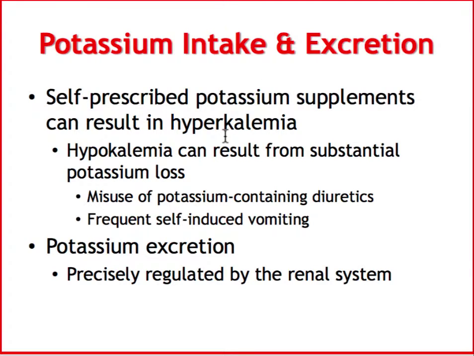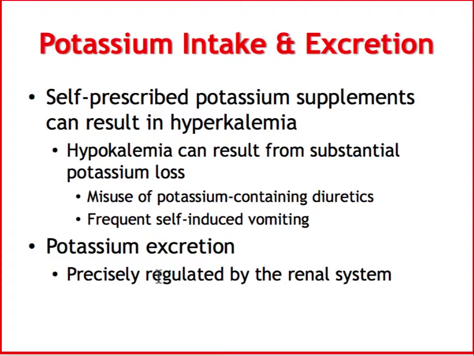Also, someone who vomits quite frequently can develop hypokalemia. Sometimes people with bulimia will eat and then cause themselves to vomit up what they just ate. They can develop hypokalemia, which is low blood potassium, and that's a really dangerous condition because of the role that potassium plays in generating nerve depolarization and the cardiac rhythm.